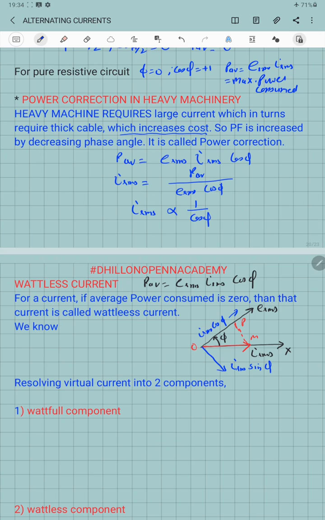So whenever voltage and current, their RMS values in an AC circuit, have phase angle phi between them, then the current can be divided into two rectangular components, IRMS cos phi and IRMS sin phi.